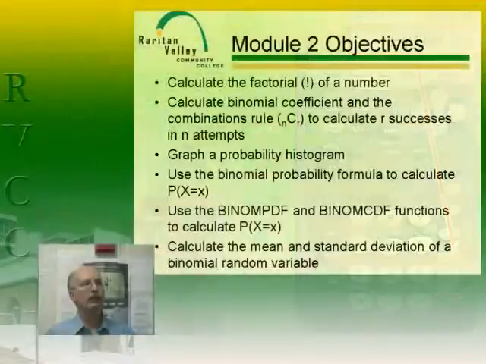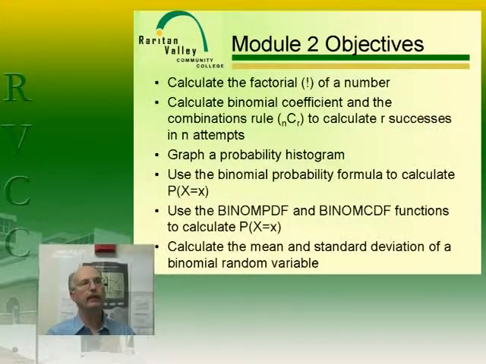So let's summarize. First, we used the calculator to calculate the factorial, and we calculated 5 factorial. Then we used the binomial coefficient, and in specific the combinations rule and the TI-83, TI-84 calculator to calculate the number of combinations that we could find. Then we used the calculator and the binomial probability formula to calculate the probability that x equals x.